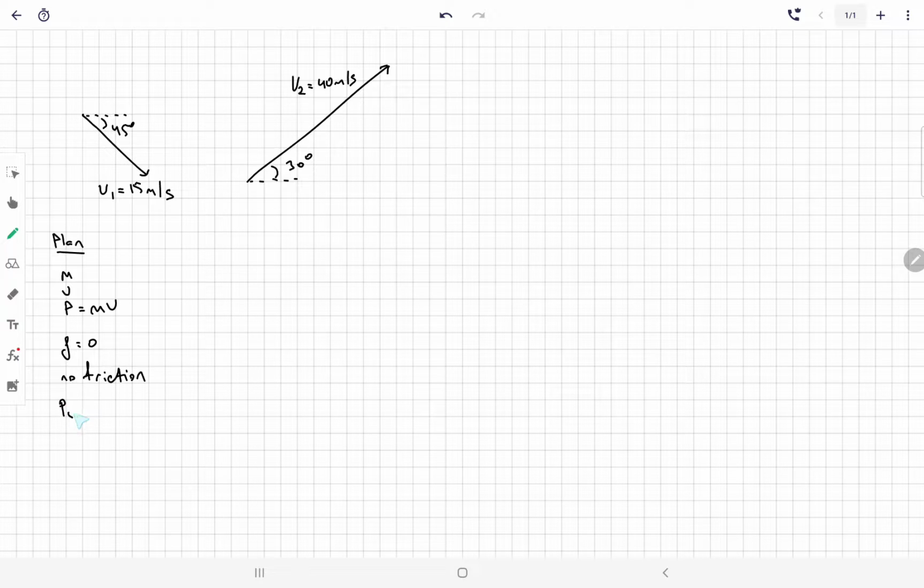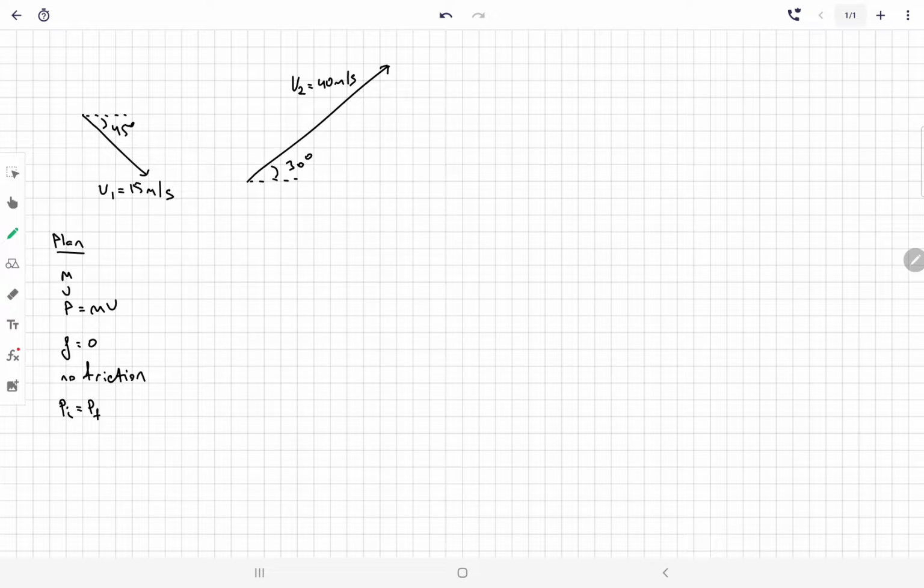Basically initial total momentum should be equal to final total momentum, conservation of momentum, because momentum is conserved in any case, elastic collision, inelastic collision. That's why we can apply it. We are not sure about energy conservation, mechanical energy conservation, but we exactly know that momentum is conserved. That's why we can apply it.